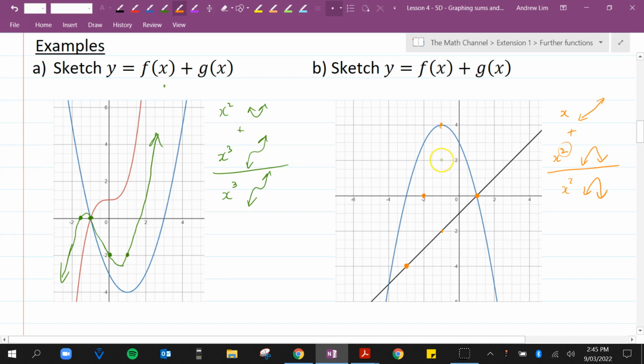So 4 plus minus 2 is just 2. 3 plus minus 1 is also 2. Okay, so it looks like we've got a parabola that's sort of in this shape. Okay, good enough.